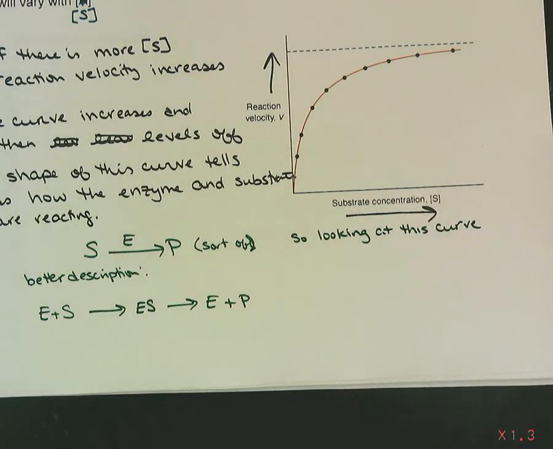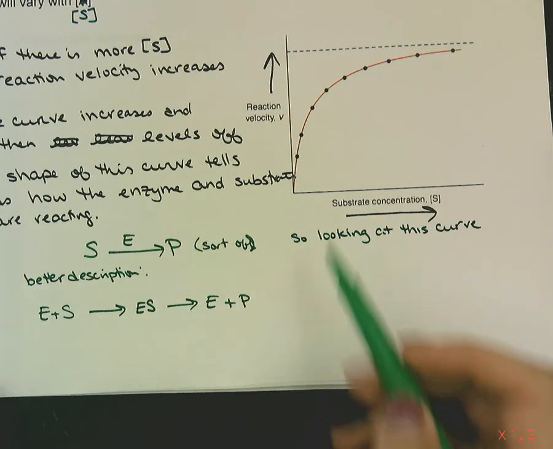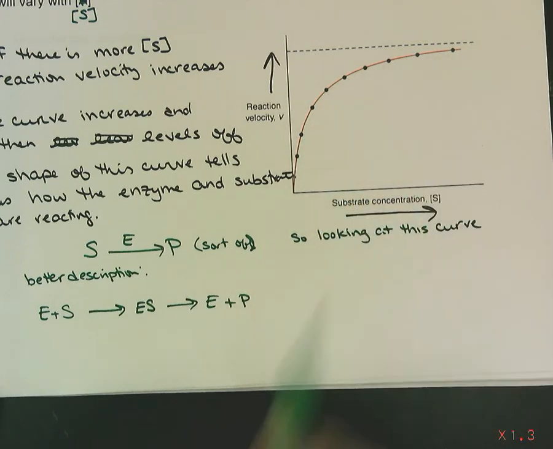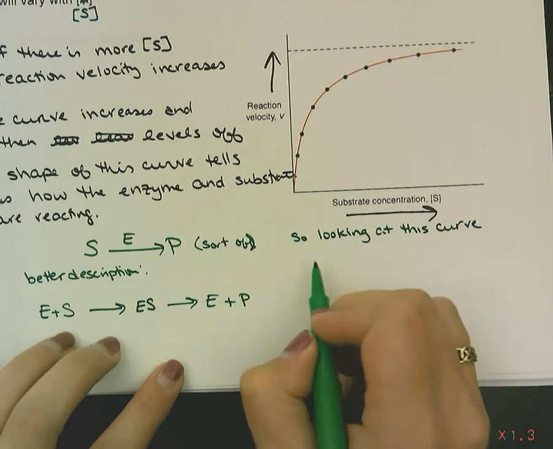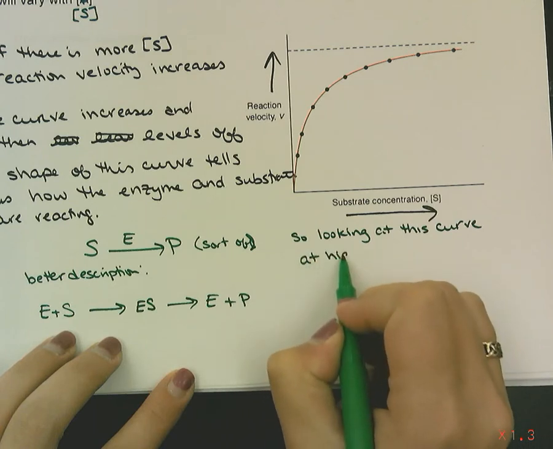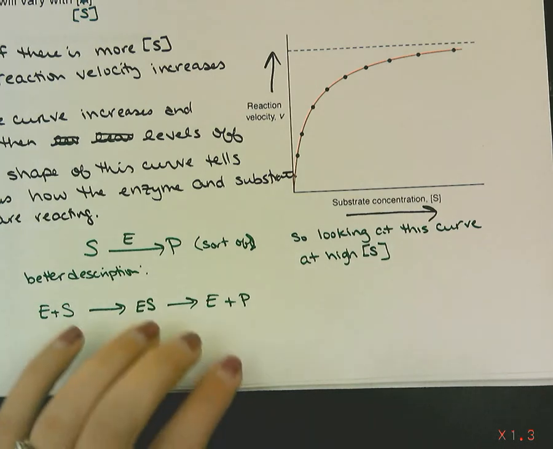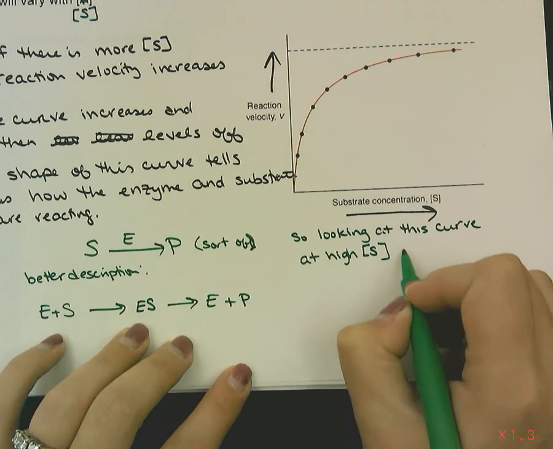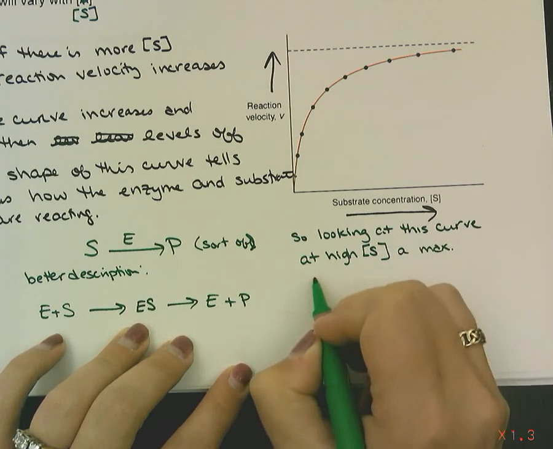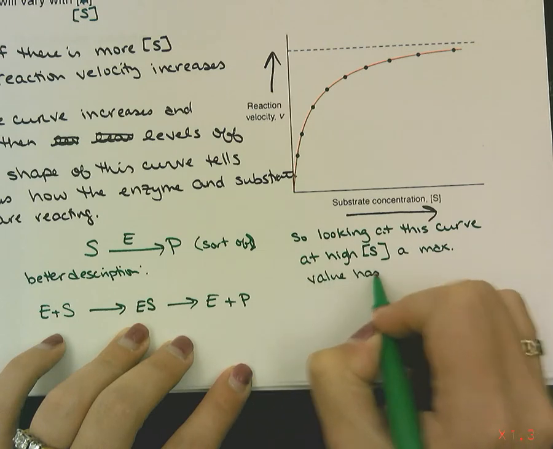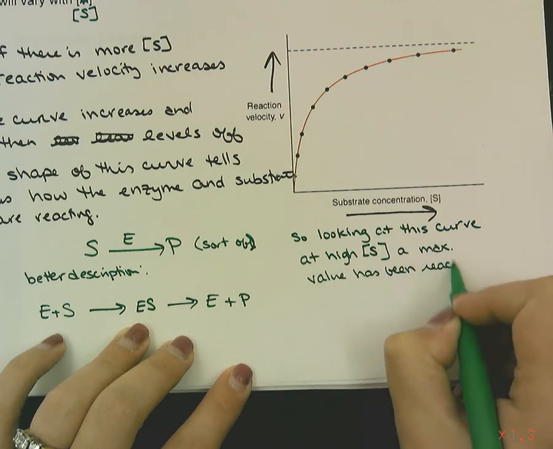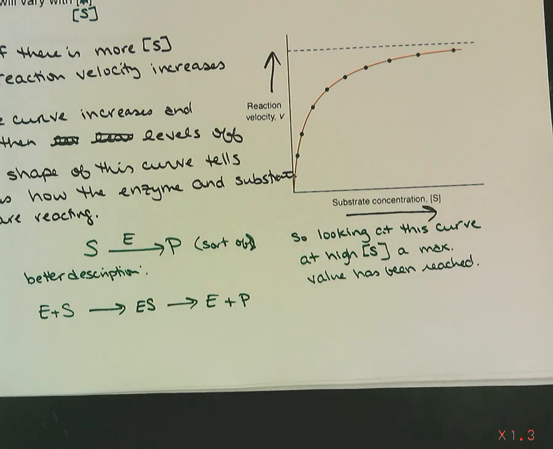So, looking at this curve, the curve increases and then levels off. So at high substrate concentration, I think we'd all agree that a max value of reaction velocity has been reached.